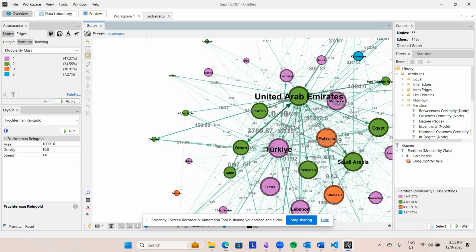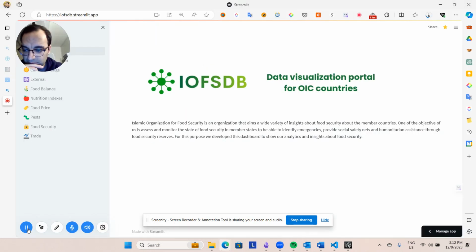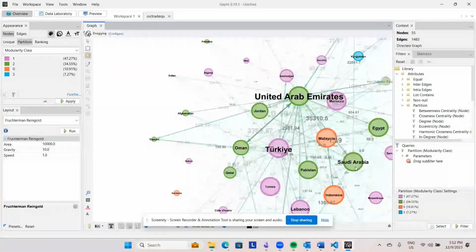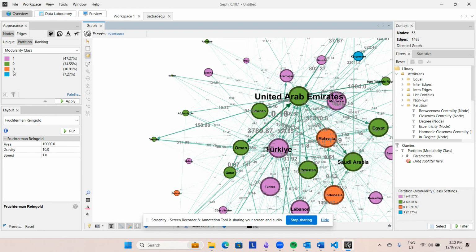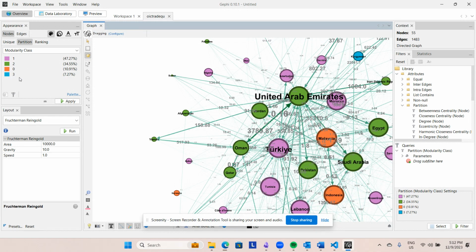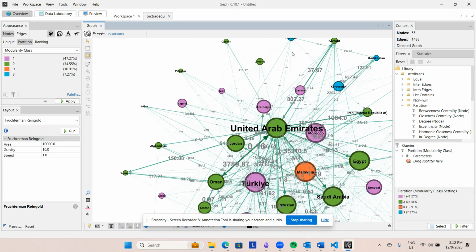And the green one has the United Arab Emirates, Egypt, Saudi Arabia, Pakistan, Oman. And the orange one has Malaysia, Indonesia, Suriname. And the blue one is Kyrgyzstan, Kazakhstan, Tajikistan.